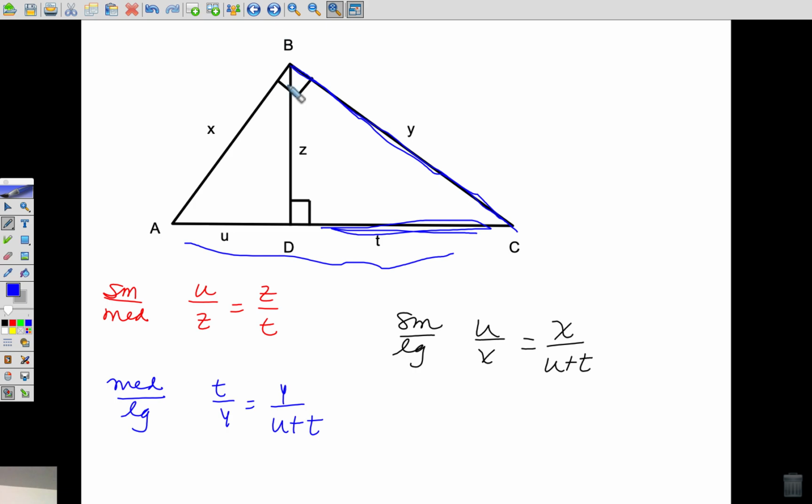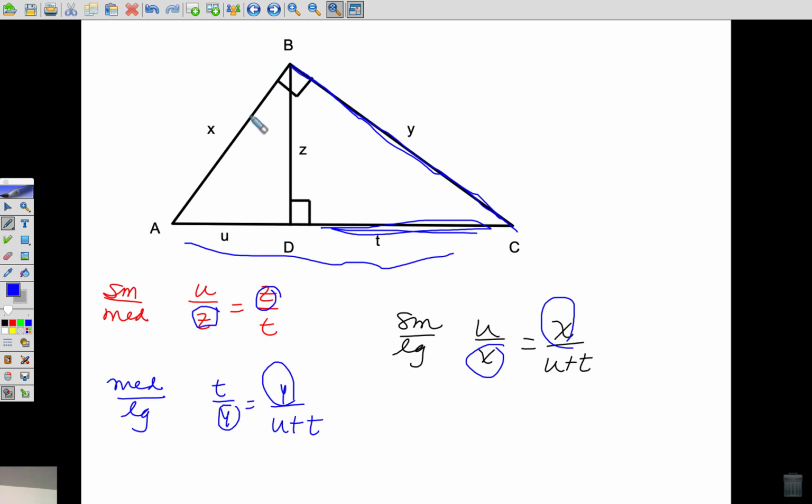So all your altitudes are geometric means, and it's important to know between what parts of the hypotenuse it is touching. So if the geometric mean is internal, it's between u and t.